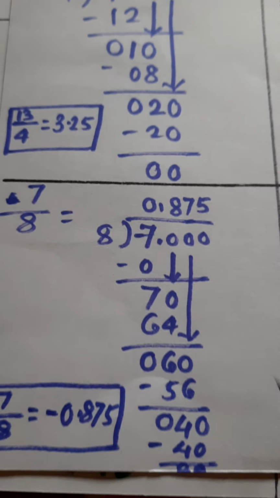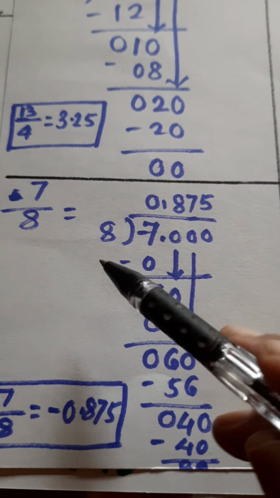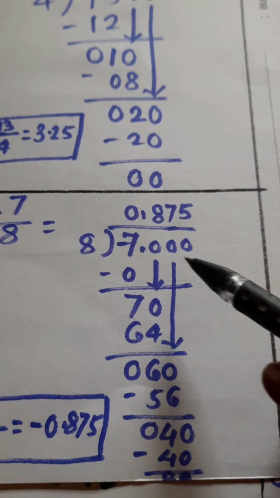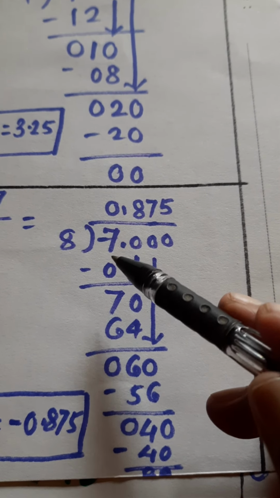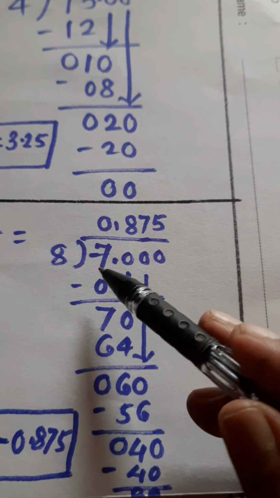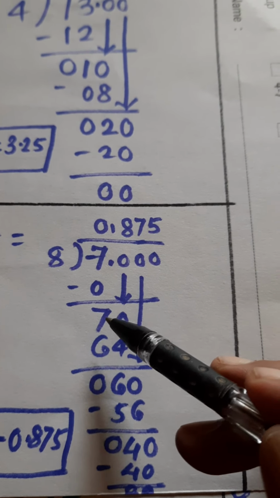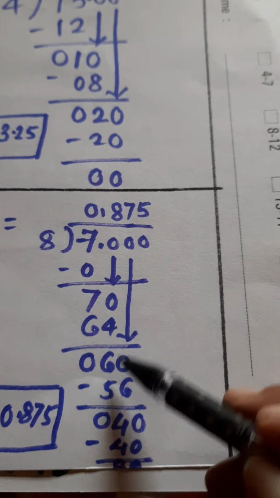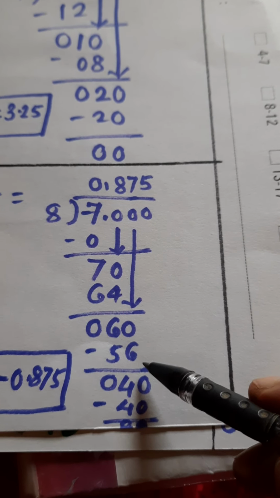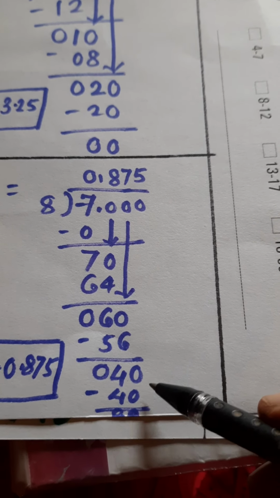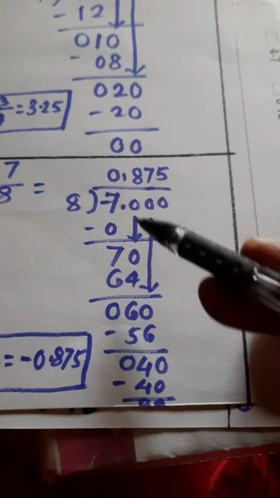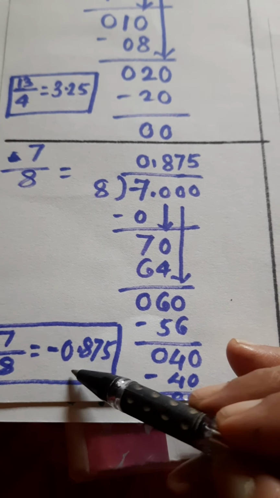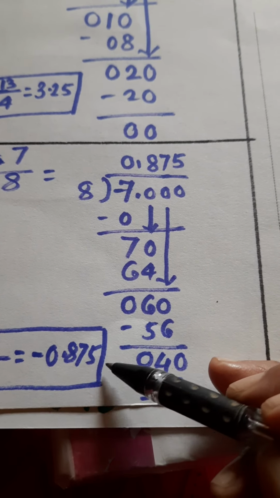Then the second one is minus 7 upon 8. 7 is smaller than 8, so we divide by 0, 7 will remain, take 0, 70, 8 8s are 64, then 6 remain, take 0, 60, 8 7s are 56, 4 remain, and 8 5s are 40. Here the decimal form of minus 7 upon 8 is equal to minus 0.875.